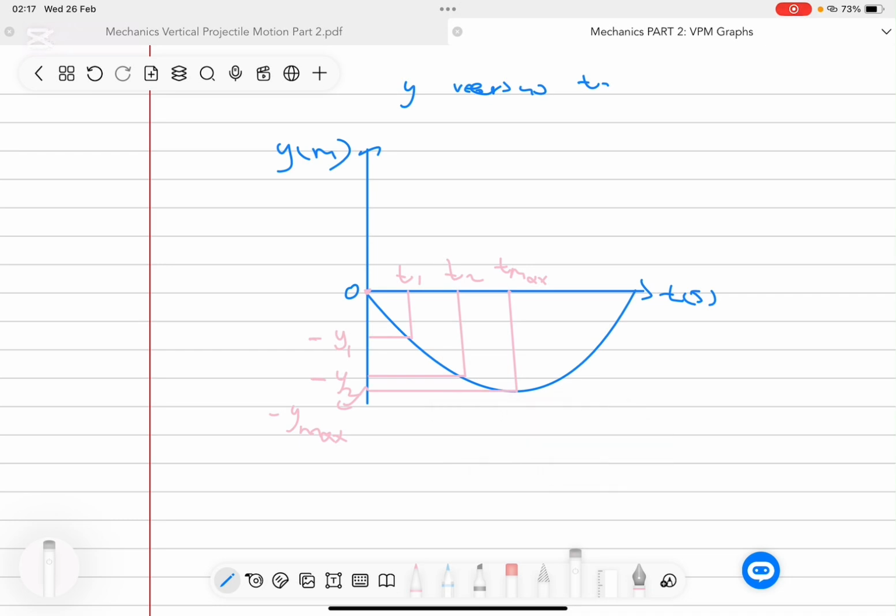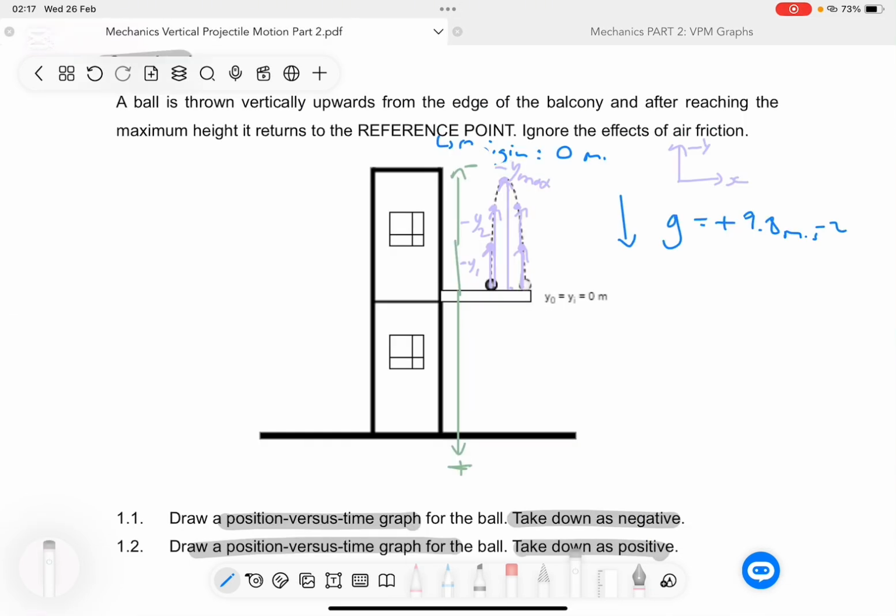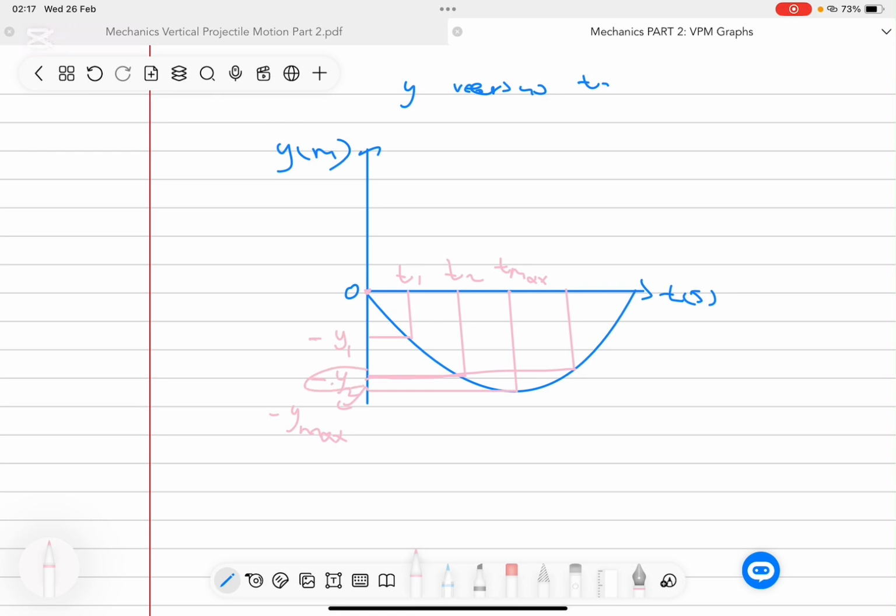Now when the time continues going further, we will get to a point where we reach the same height that we reached when we were going up. It is this point here, because after maximum height we have to go down. But again, it is also negative because we chose up as negative.